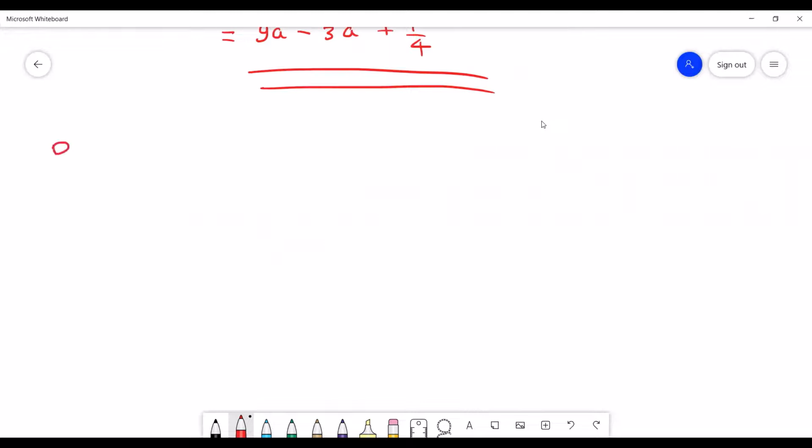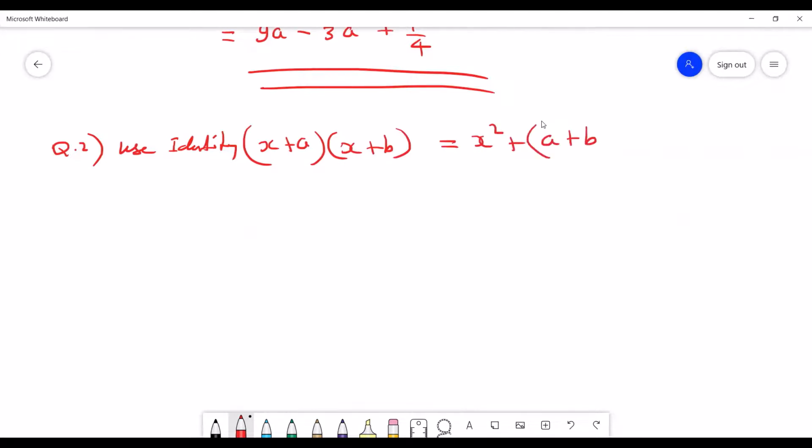Now in question number 2, use the identity x plus a into x plus b is equal to x square plus a plus b into x plus ab to find the product of the following.